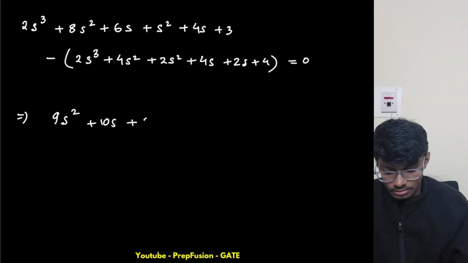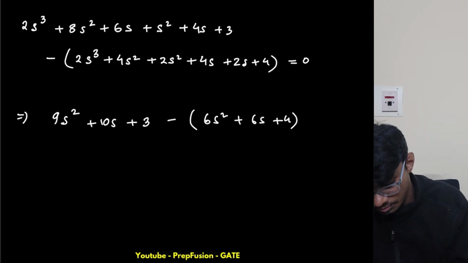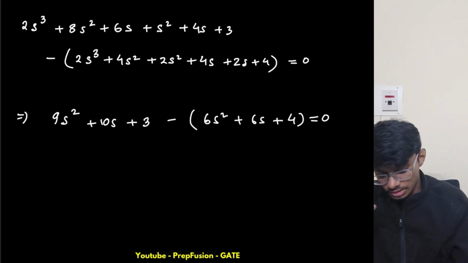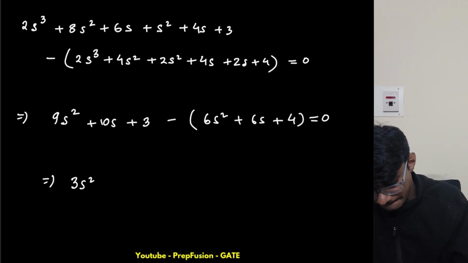And this is minus 2s square and 4s square, which is 6s square, plus 6s plus 4, equals 0, right? Now simply we have to subtract this one. If I subtract this one, what do I get? I get 3s square plus 4s minus 1 equals 0.